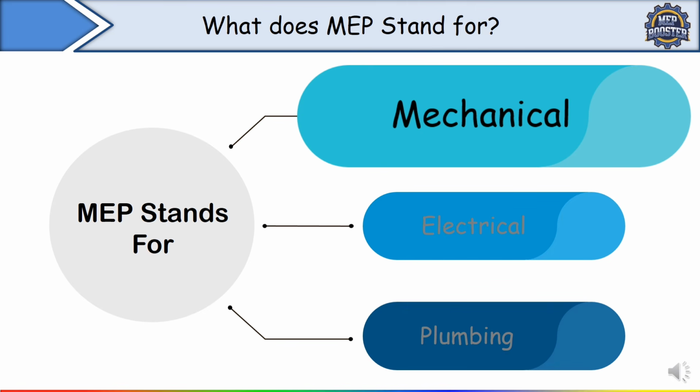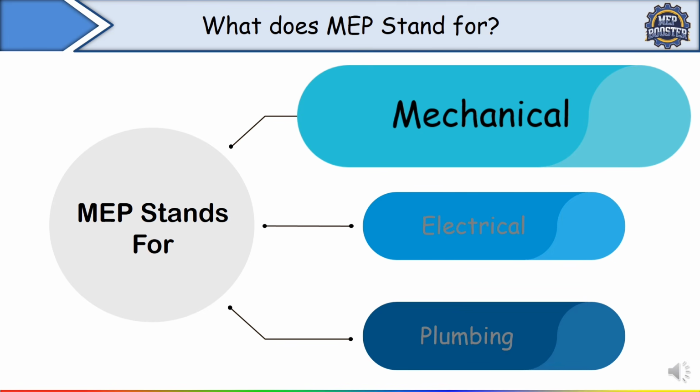Same way, ventilation supplies fresh air and removes stale air to maintain indoor air quality. And air conditioning controls the temperature and humidity through cooling systems such as chillers and air conditioners. Then fire protection includes fire suppression systems like sprinklers and fire alarms for occupant safety.